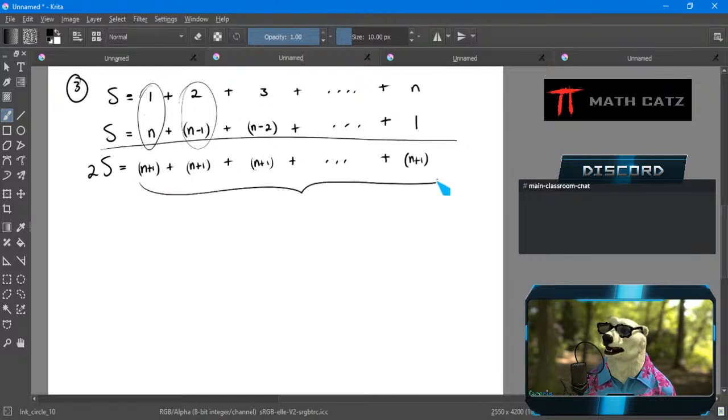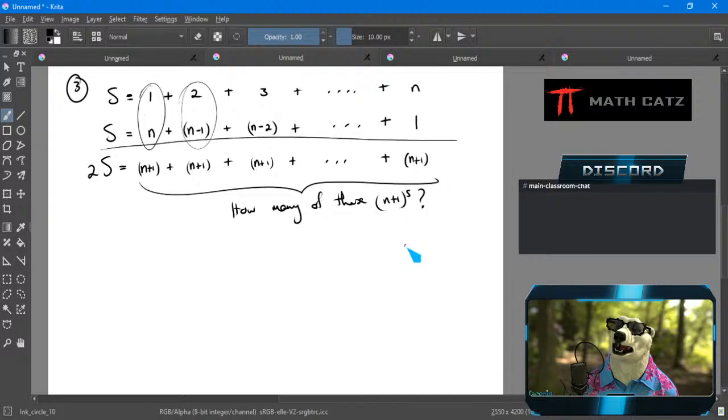So now my question is again, how many of these n plus 1s are there? That's a question, which means you answer it. What do you think? How many of these n plus 1s are there? Wouldn't we not know because we don't know the number?